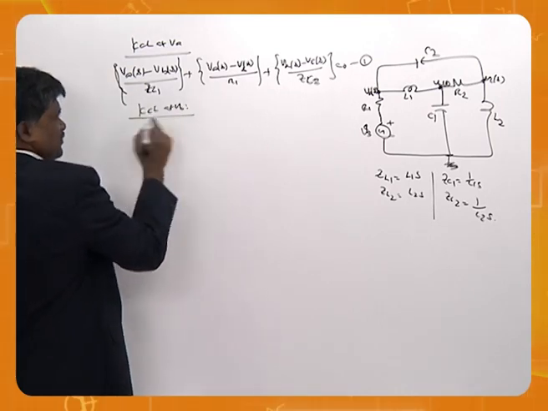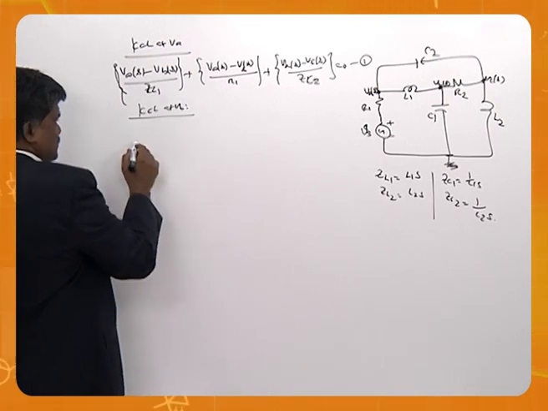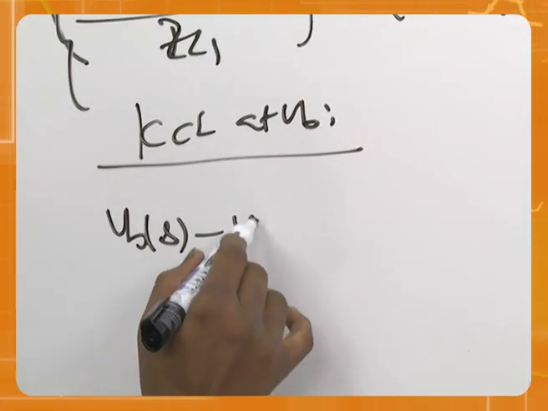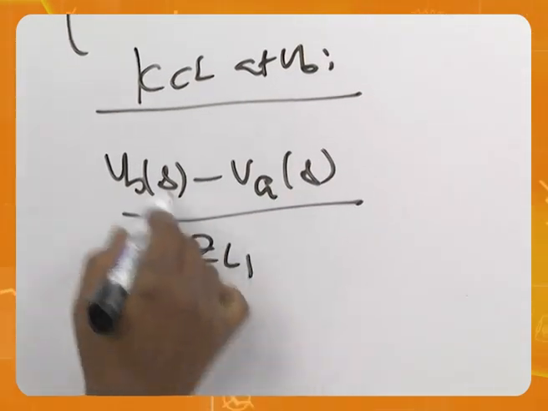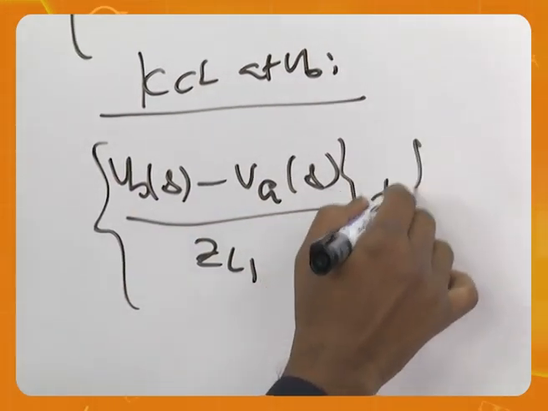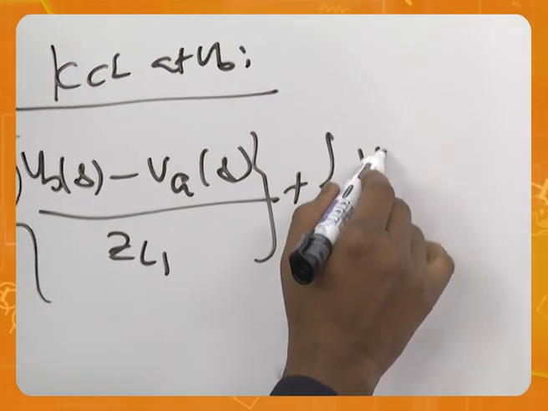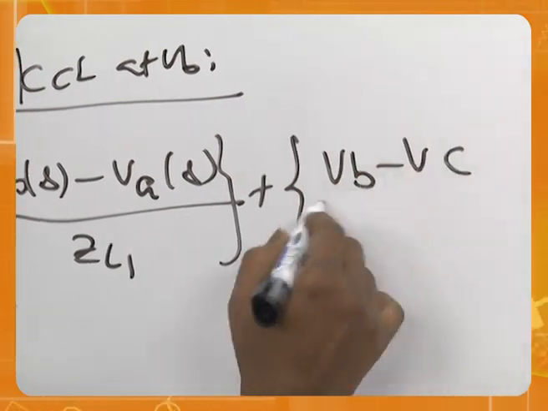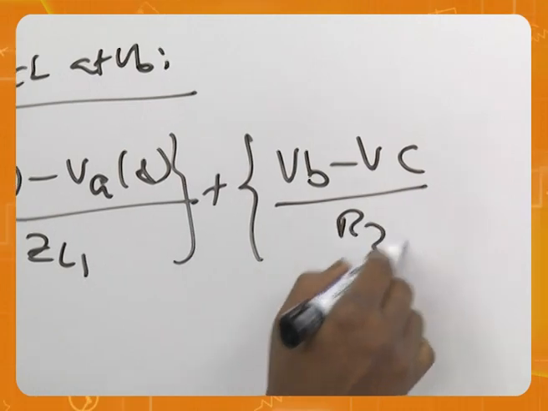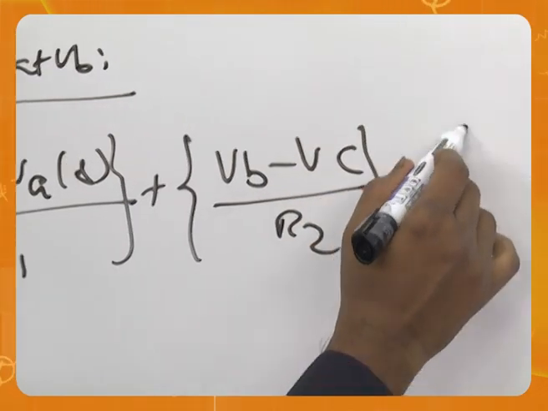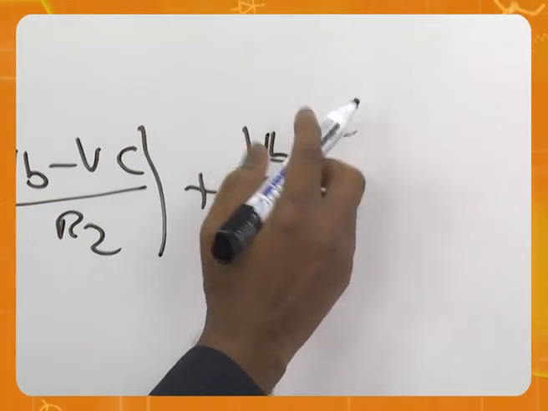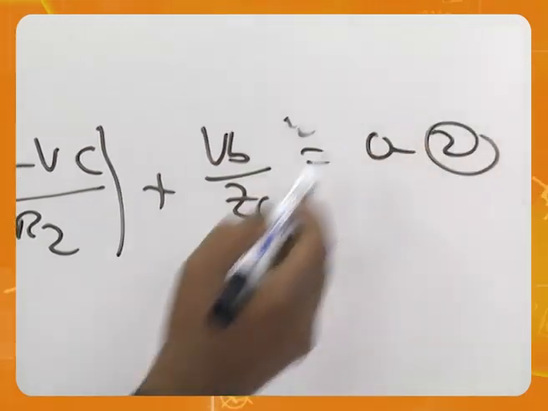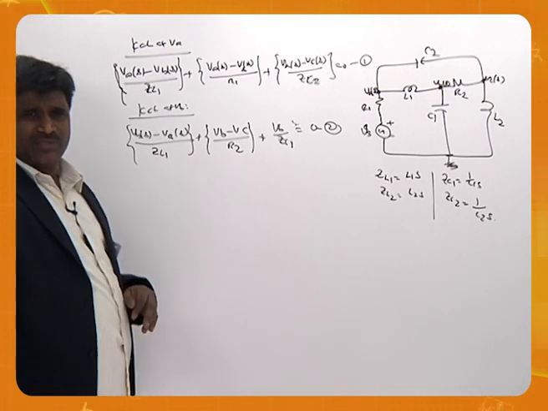KCL at VB: VB of S minus VA of S by ZL1, plus VB minus VC by R2, plus VB by ZC1, equals 0.